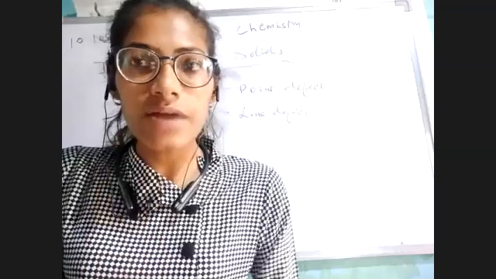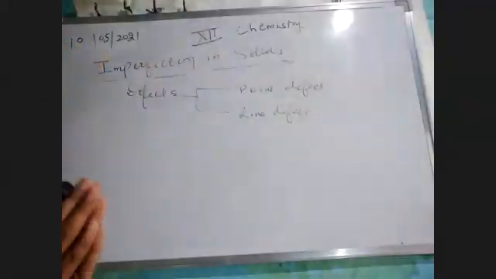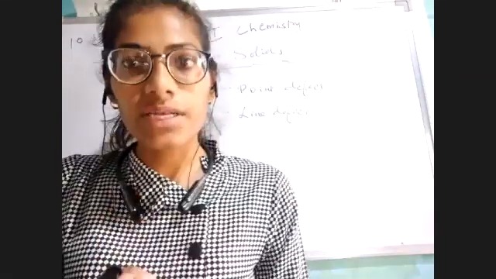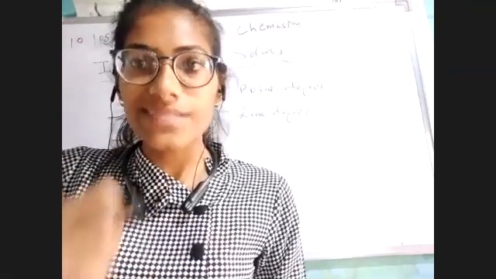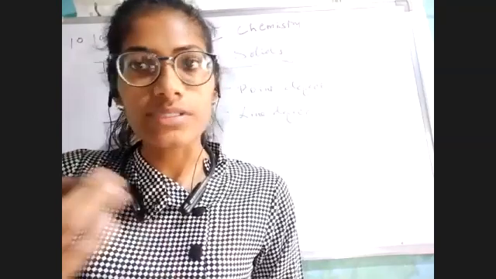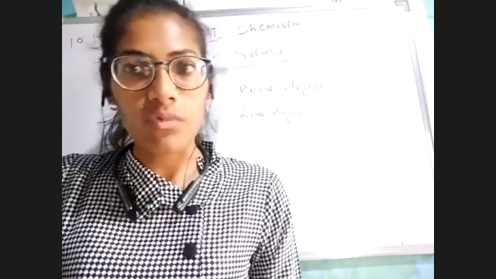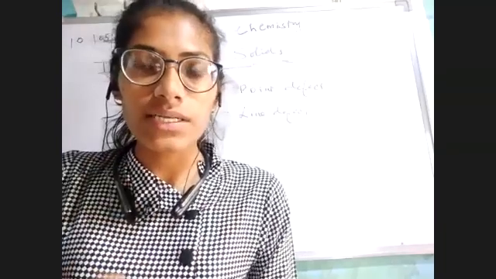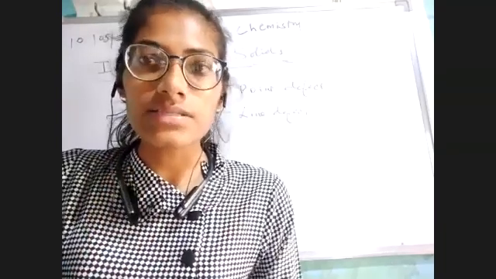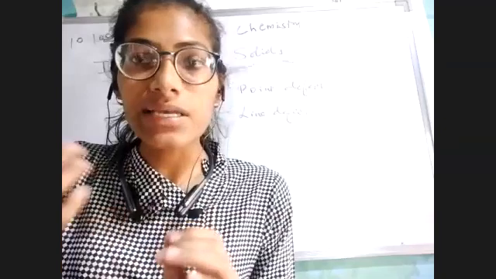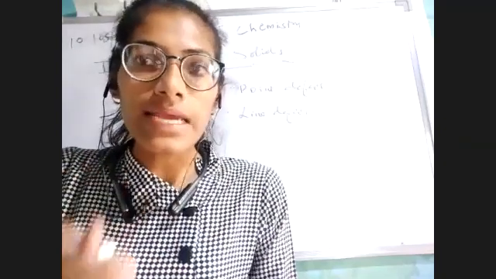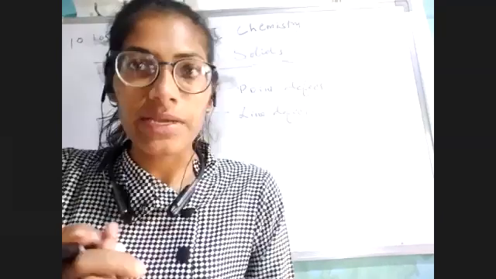So now let's start with today's topic, that is imperfection in solids. What imperfection in solids wants to describe, what actually imperfection in solids is. Let's start with that topic. Okay, so let's start. Class, whatever we have studied in our crystal lattice, however completely arranged and ordered they are, there is still some imperfection present in them.